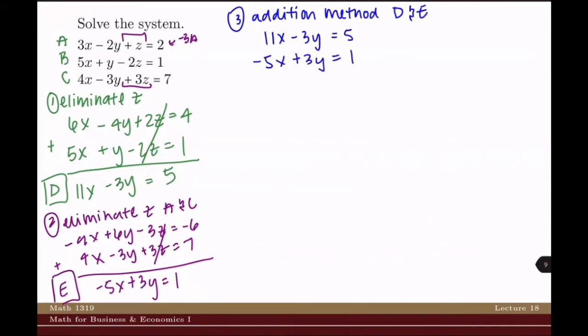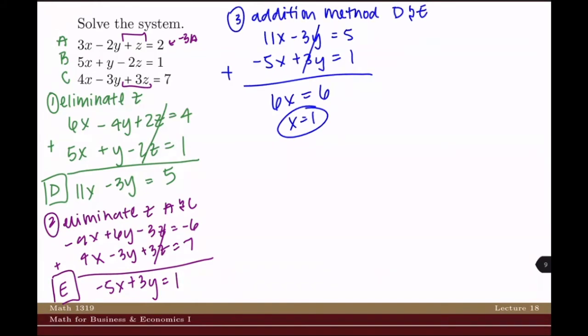And it's already set up pretty nicely for us to where these y's will cancel if we just add going straight down, which is very convenient. So we get 6x equals 6, which means x equals 1. We have now solved for one of our variables, which is fantastic.